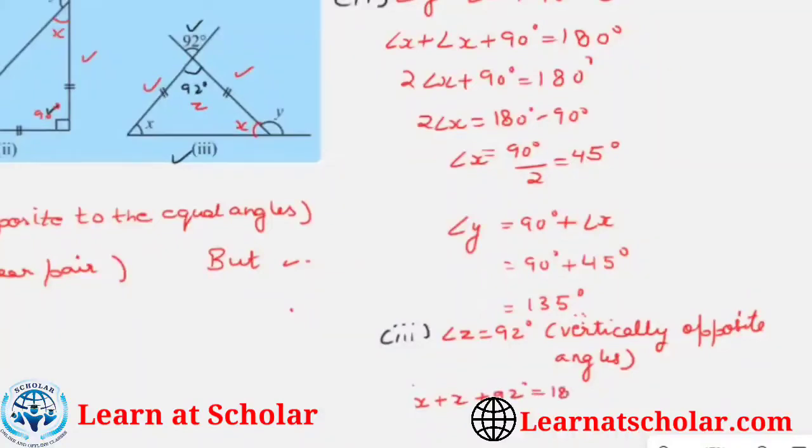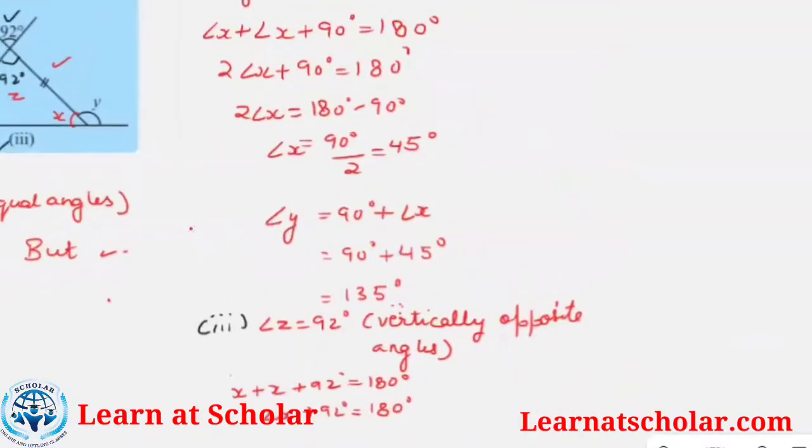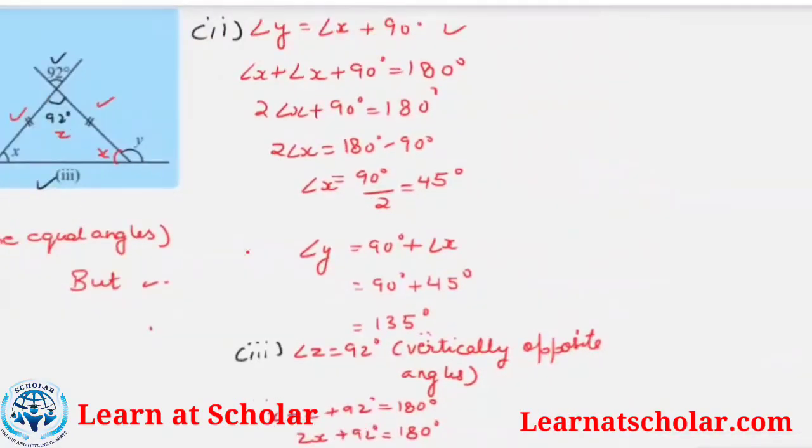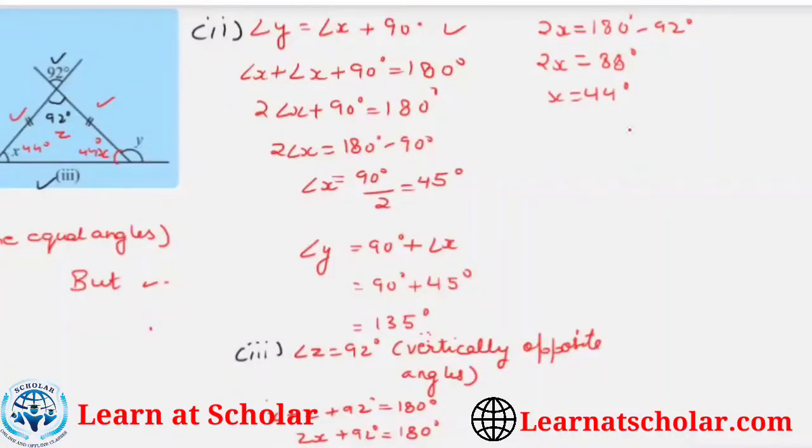Two angles are equal, x plus z. z is equal to 92 degrees, the sum is equal to 180 degrees. Now finding the value of x, 2x is equal to 180 degrees minus 92 degrees. x is equal to 44 degrees by dividing 88 by 2.